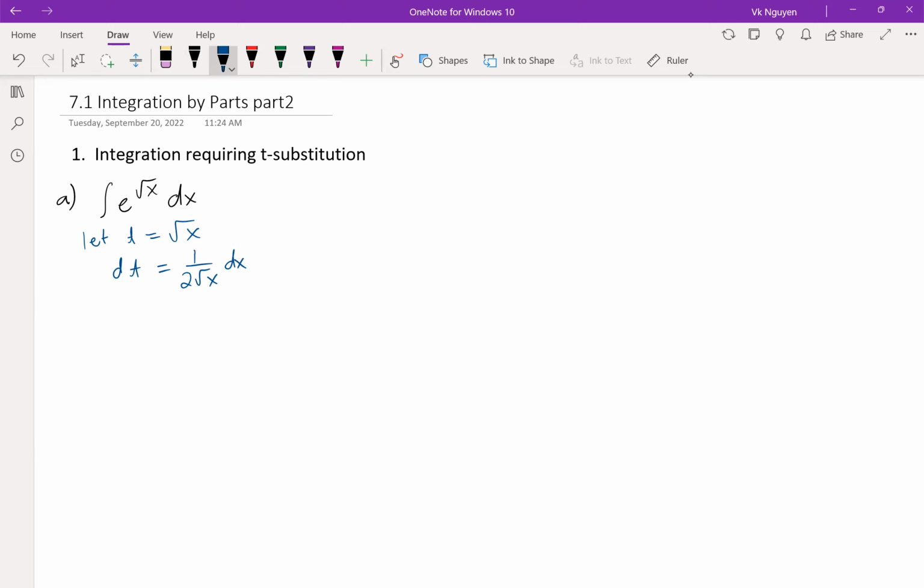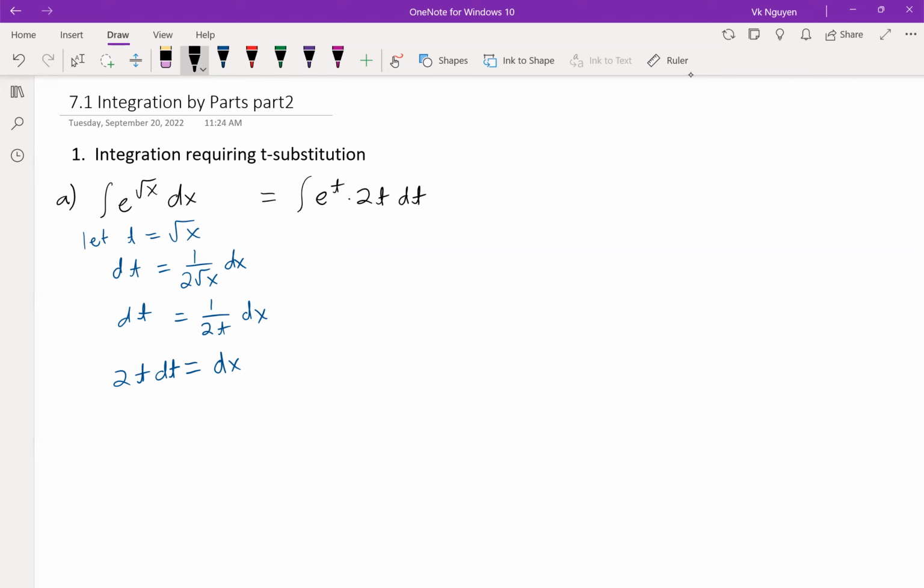So you can see that dt is 1/2t dx. So we see that dx is 2t dt. Now when we do the substitution, we have the integral of e^t times 2t dt.